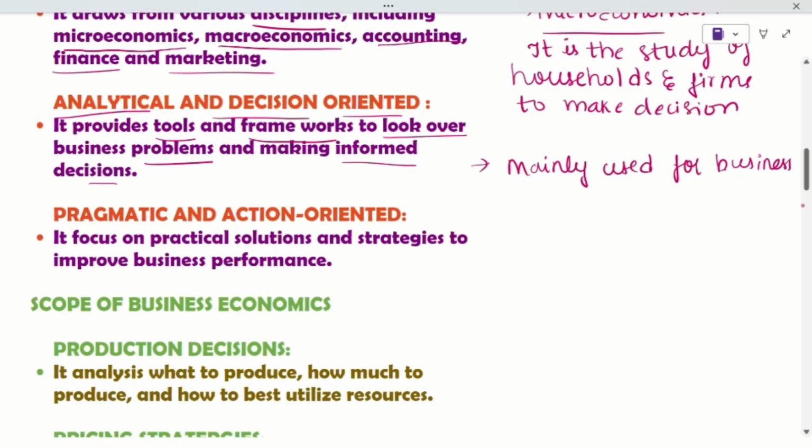Next thing is pragmatic and action oriented. It focuses on practical solutions and strategies to improve business performance.